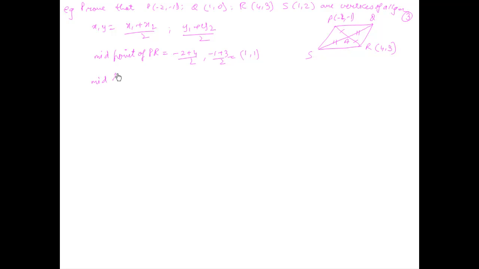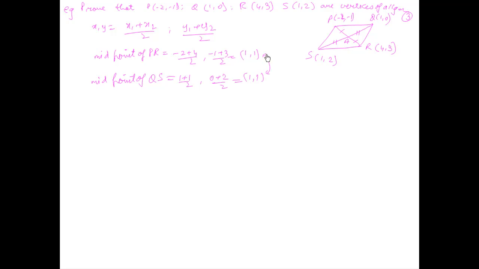Same way, children, now we're going to get the midpoint of QS. The coordinates of Q are (1, 0). The coordinates of S are (1, 2). So the abscissa would come out to be (1 plus 1) by 2, and the ordinate (0 plus 2) by 2. That comes out to be (1, 1).